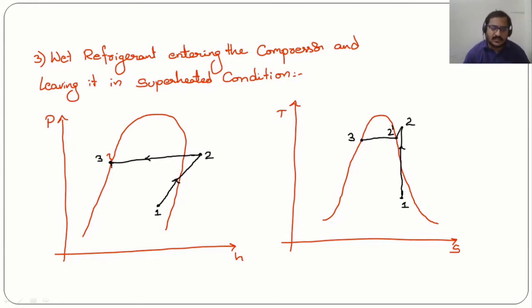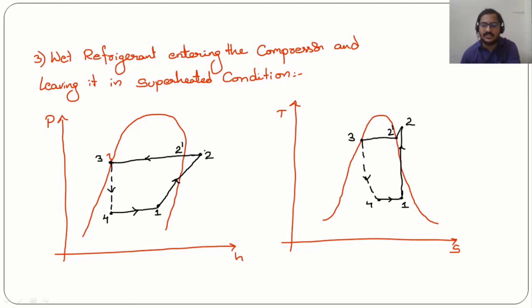Then 3 to 4 is throttling expansion, it will be like this, and here 3 to 4 is throttling expansion, which is represented by using a curve in the TS diagram. Then 4 to 1 is constant pressure vaporization in the evaporator, and in the evaporator there will be phase change at constant temperature here.